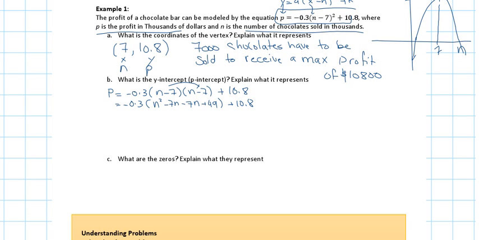So that's going to be negative 0.3 n squared minus 14n plus 49 plus 10.8. What do I do after that? Multiply the negative 0.3 in.